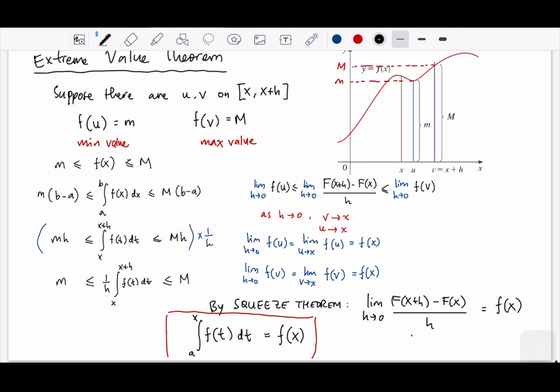Or we say F prime of x is f of x. Oh, forget d/dx in the front.